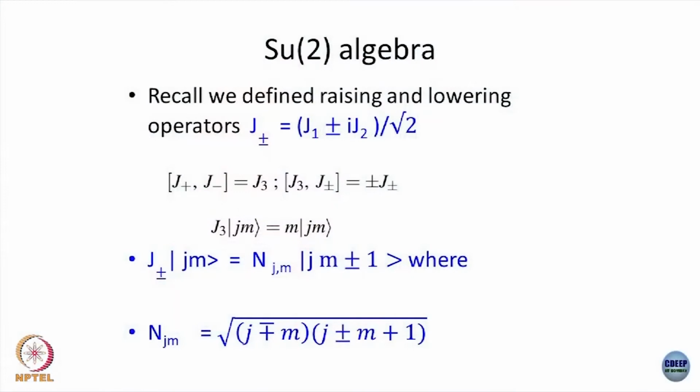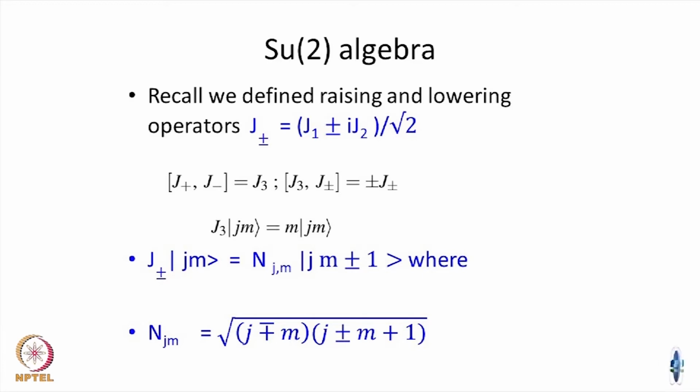Okay. So recall your SU2 algebra, where for comfort you define raising and lowering operators, which are Hermitian conjugates of each other. J1 is Hermitian, J2 is Hermitian, but J1 plus iJ2 is not Hermitian; its Hermitian conjugate is J1 minus iJ2.